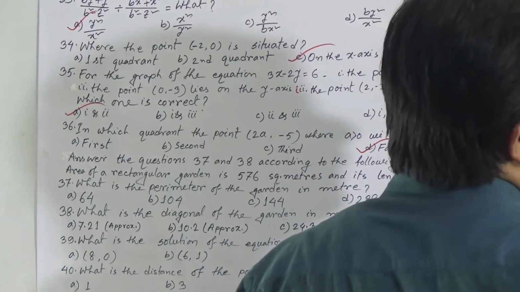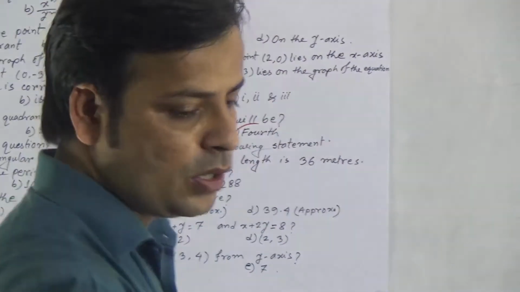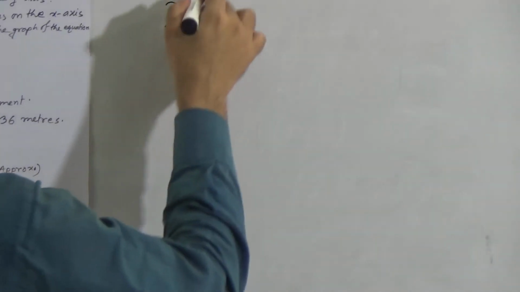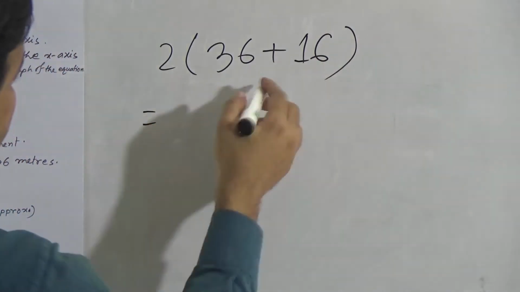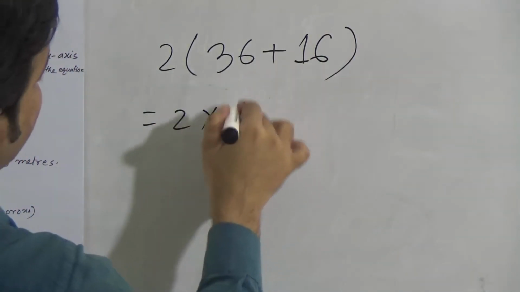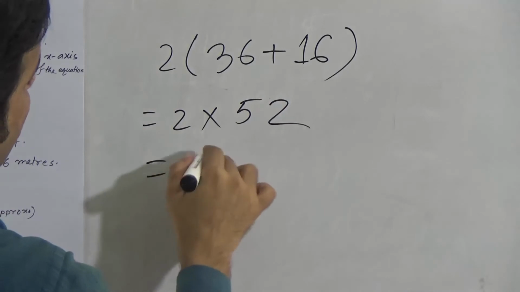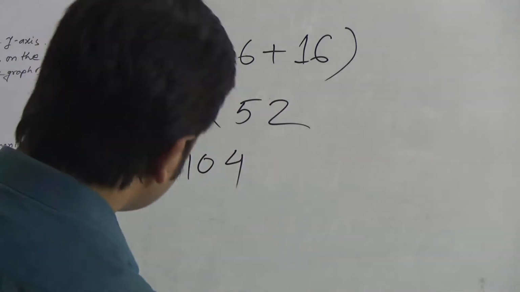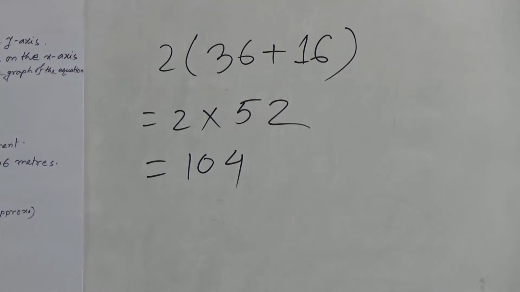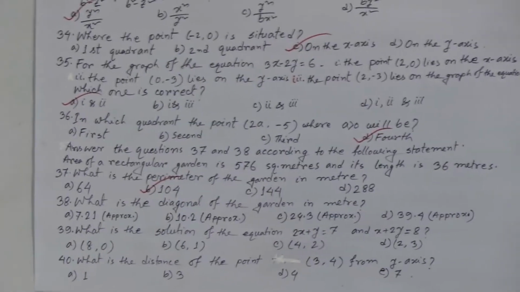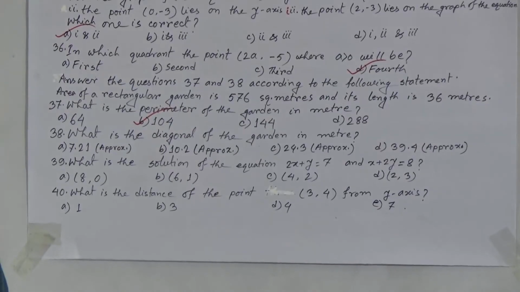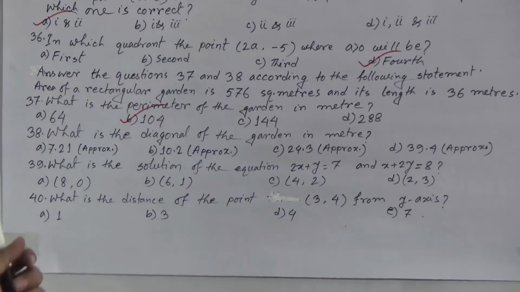So 2 into (36 plus 16), now this is 2 into 52, which means 104. So our required answer for question 37 is B, that is 104.